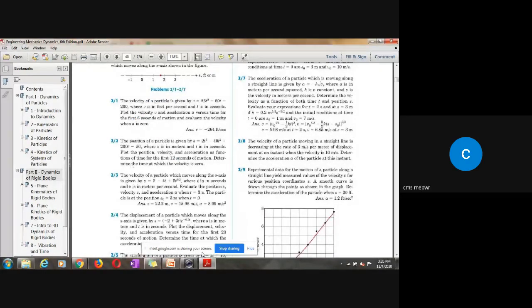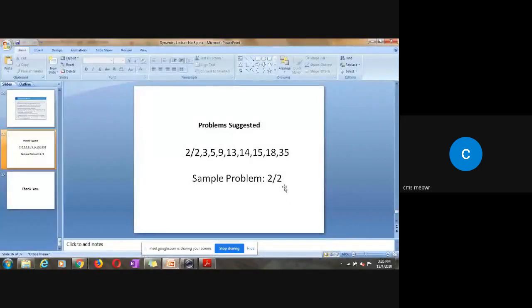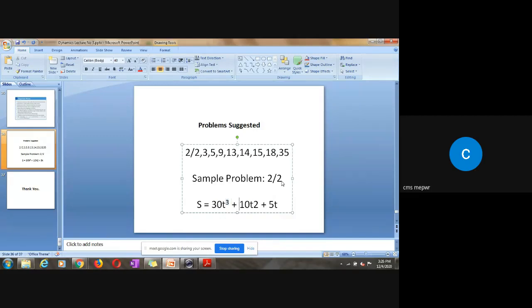In this example, they are having an equation s = 30t^3 + 10t^2 + 5t.